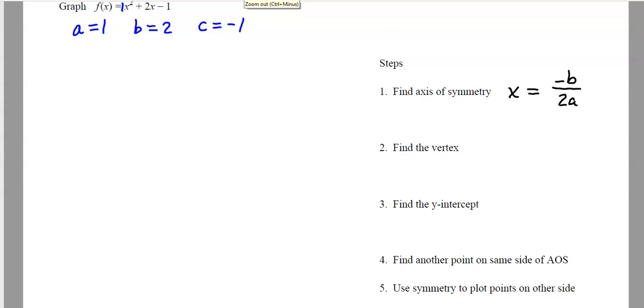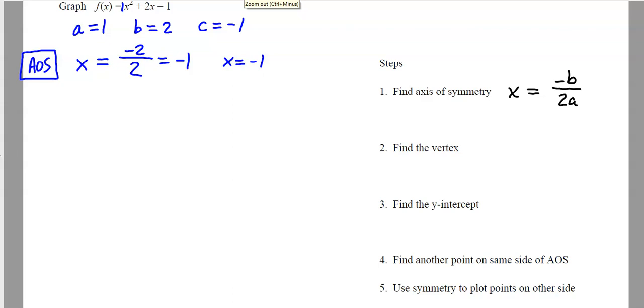So to find the axis of symmetry, I'm going to put AOS here, and x equals -b, so since b is 2, that's -2, over 2 times a, which is 2 times 1. So x equals -1 is the axis of symmetry. When I come down and graph it, we need to remember that x equals -1 is the axis of symmetry.